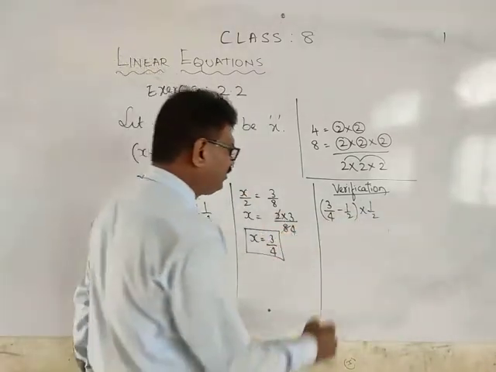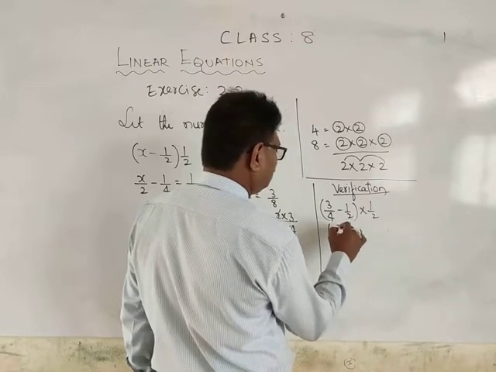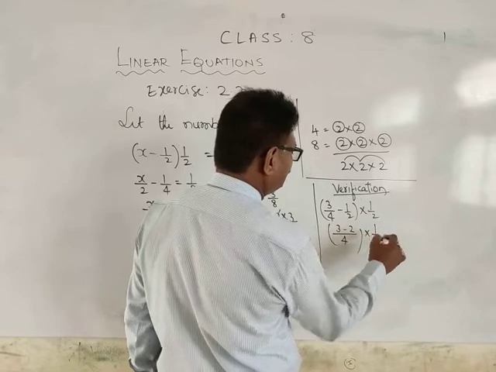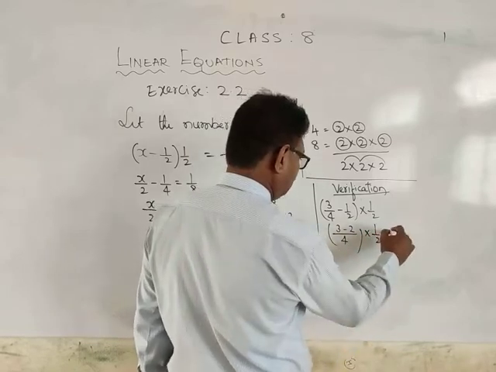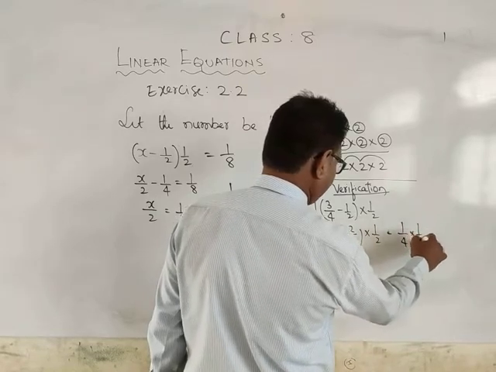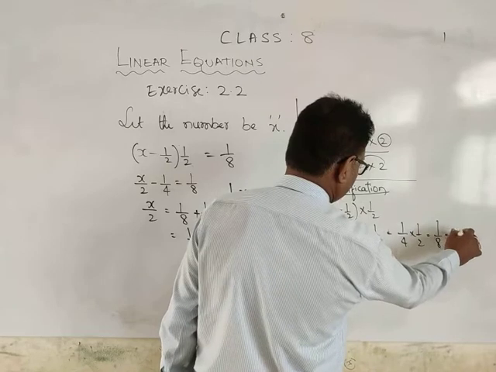Now you can multiply. 4 is the LCM. 3 minus 2 into 1 by 2 is equals to 1 by 4 into 1 by 2. What is the answer? 1 by 8, which is nothing but RHS.